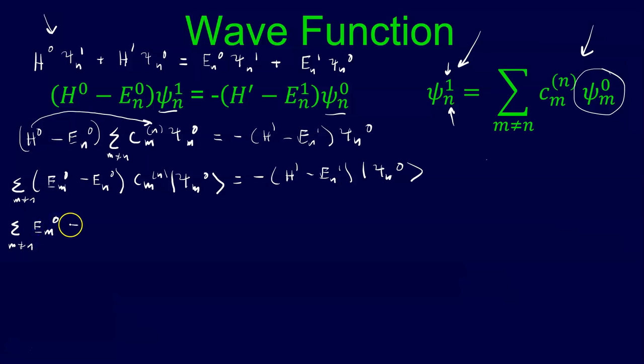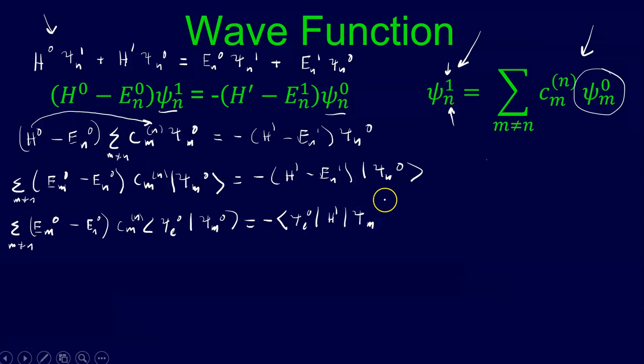These guys are all constants, so the bra can just slide right in through all these and be written as psi L 0, psi M 0. Now here it's a little bit more complicated, so I'll write it out. We can't just slide it through because this is H prime, an operator. So I'll write it as psi L 0, H prime, psi N of 0.